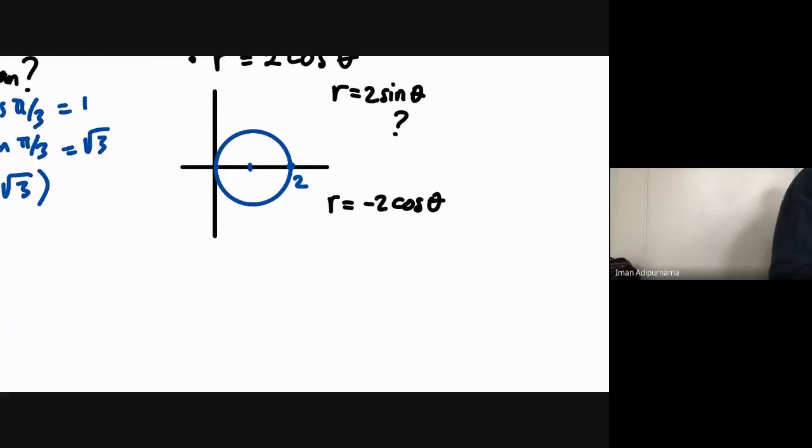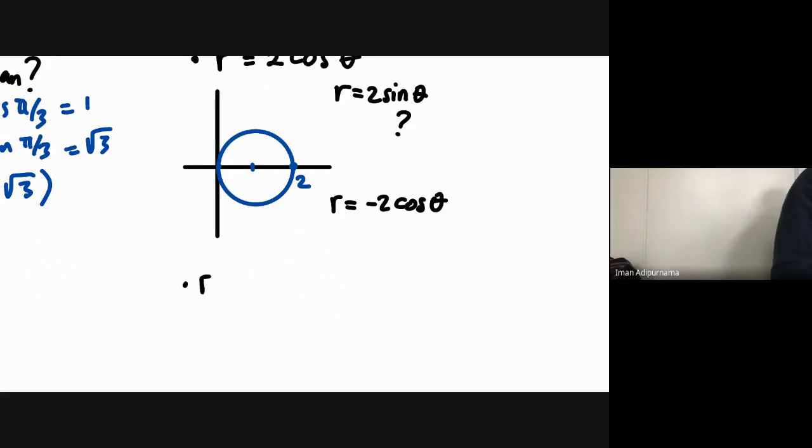Another curve that is interesting enough for us to observe is r equals 1 plus sine theta.